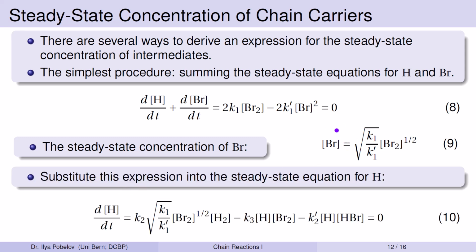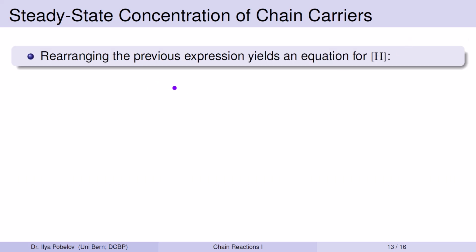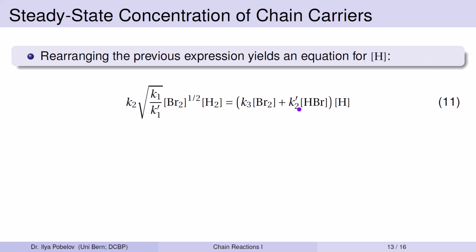Next, we substitute this expression into the steady-state equation for the hydrogen radical, leading to the following equation. Rearranging the previous expression yields an equation for the concentration of hydrogen radicals.